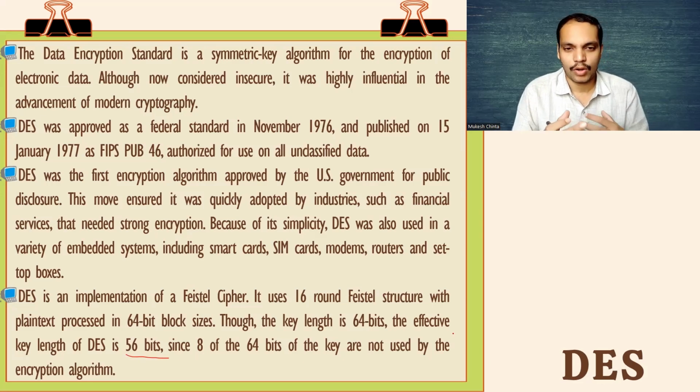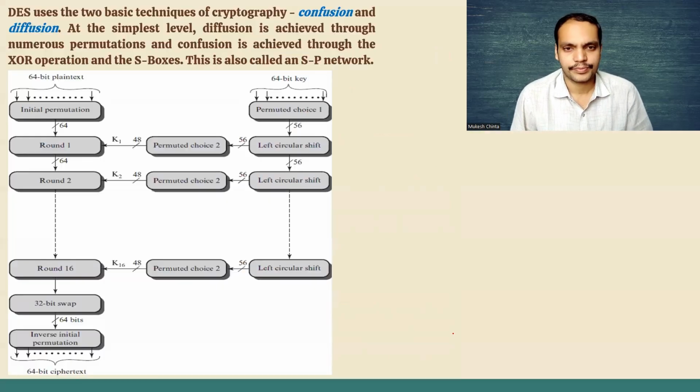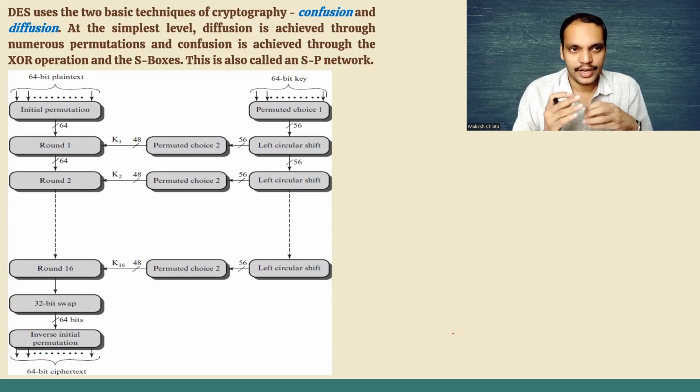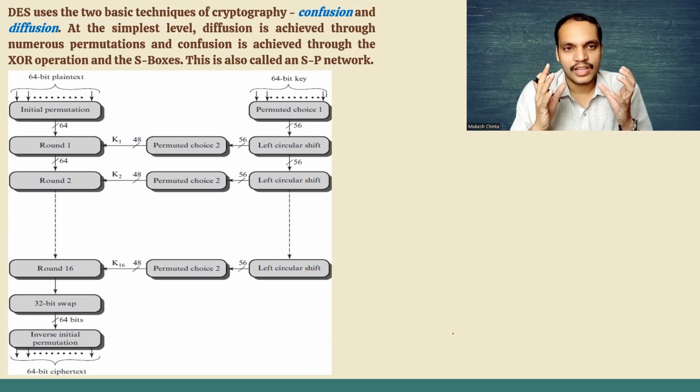We will check out where the 64 bits are, how these 56 bits are used, and all these things in the subsequent slides. This is the overall structure of the Data Encryption Standard. It also uses two basic techniques of cryptography called confusion and diffusion. These are the desirable properties of operation for a symmetric cipher as identified by Claude Shannon in his 1945 paper.